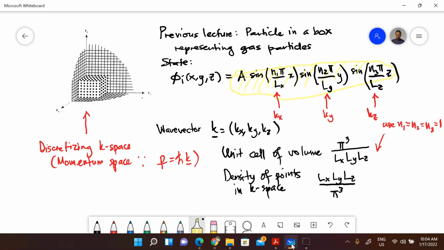Okay, so this is essentially the quantum state of a particle in a box. Now, really, we are not supposed to consider quantum states at the moment. We really want to describe classical gas particles.